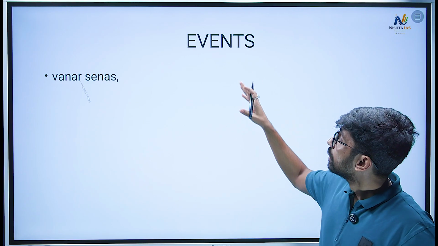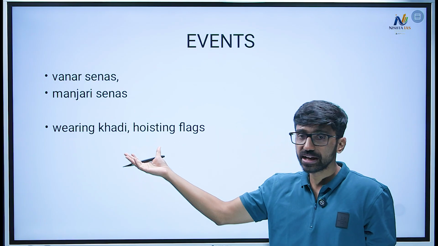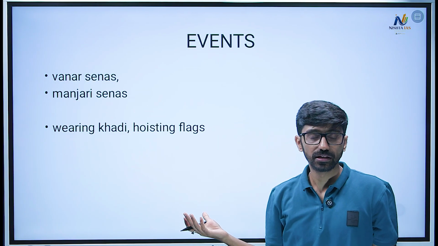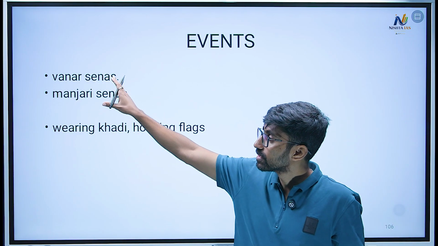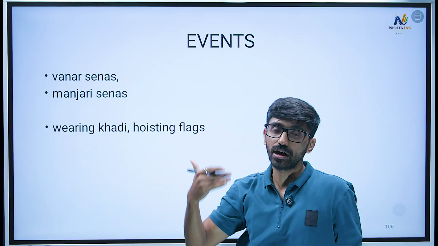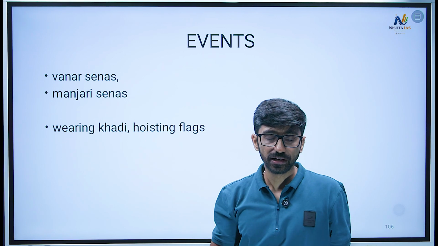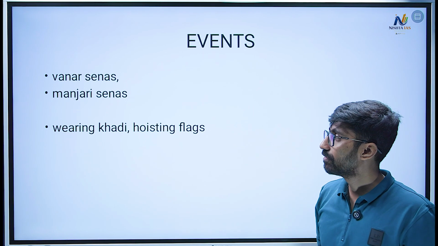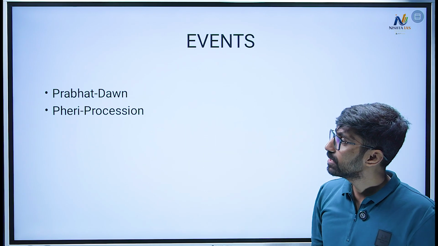Okay, then events. Vanar Senas and Manjari Senas: kids started participating by wearing khadi as well as hoisting flags. Now kids are also participating. Boys organized themselves as Vanar Senas, girls organized themselves as Manjari Senas, wearing khadi because that is Indian cloth. We can talk about hoisting flags also. And some more events: Prabhat Pheri.